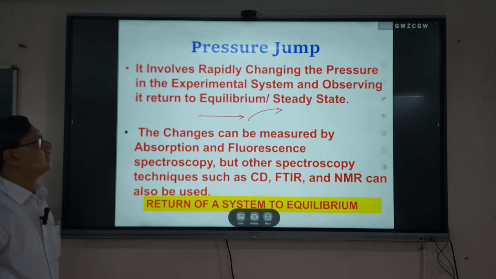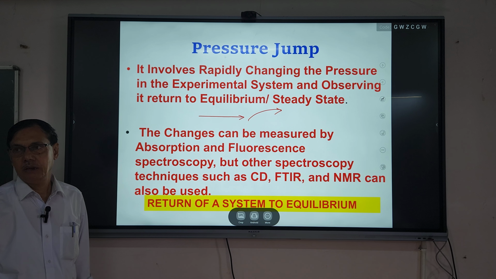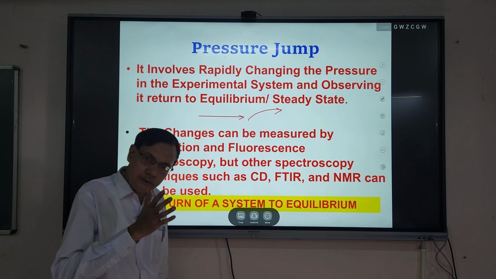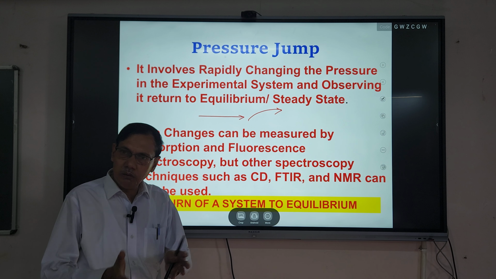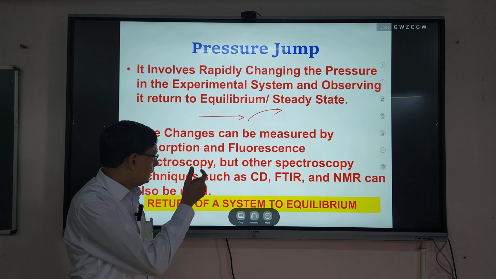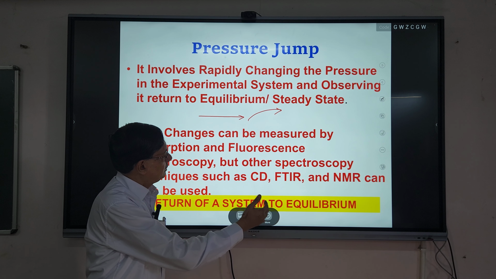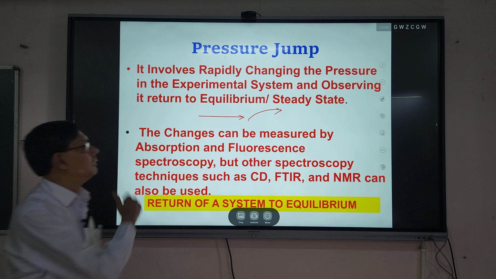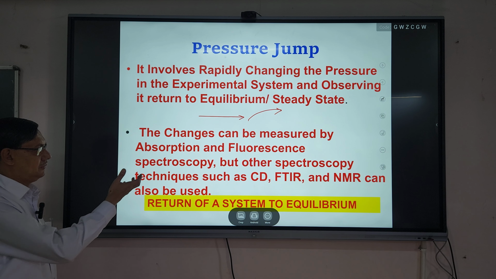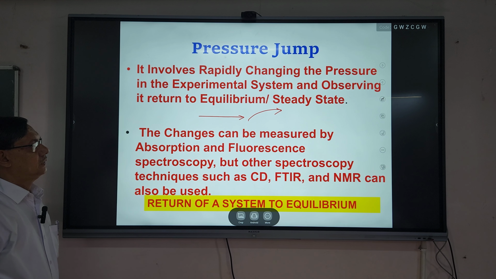So naturally there is a disturbance in the equilibrium, and as you know very well, because I have already discussed the relaxation time and the meaning of the relaxation, that means the return of the system from the relaxed state to the equilibrium state. And during this change, you can monitor the properties, as many times I told you.